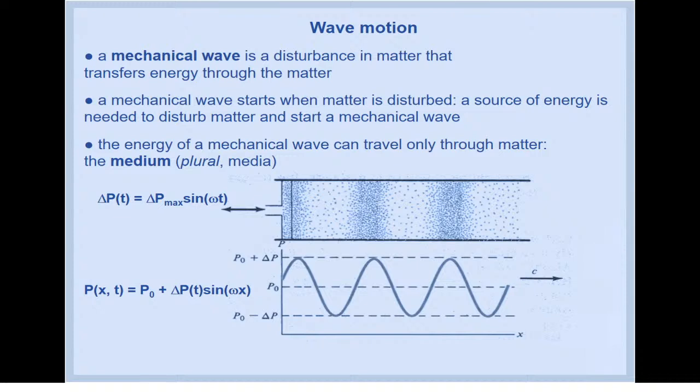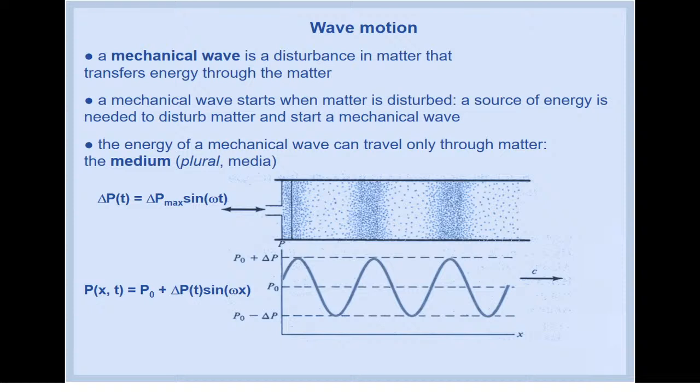This diagram illustrates the production of a mechanical wave in a medium by a piston that oscillates back and forth at a frequency f. When it moves forward, it compresses the medium and a compressional wave moves outward. When the piston moves backward, there is a region of reduced pressure, rarefaction.